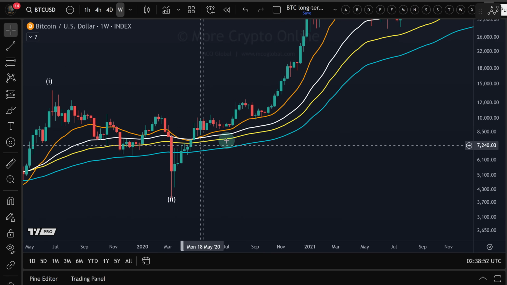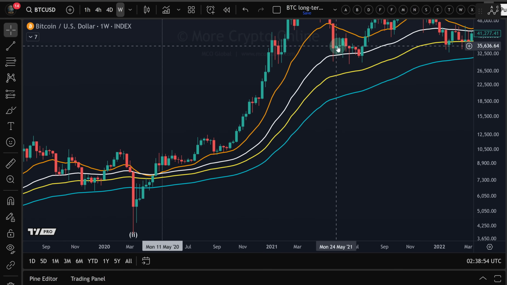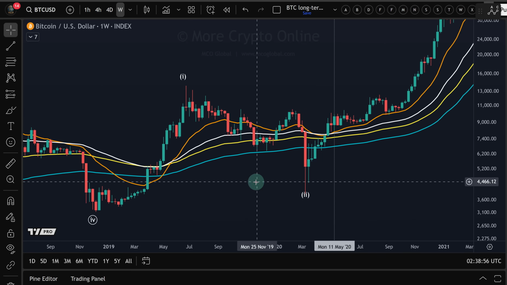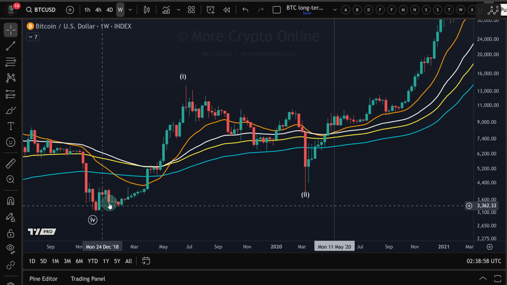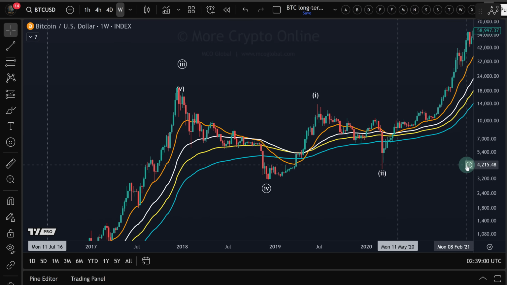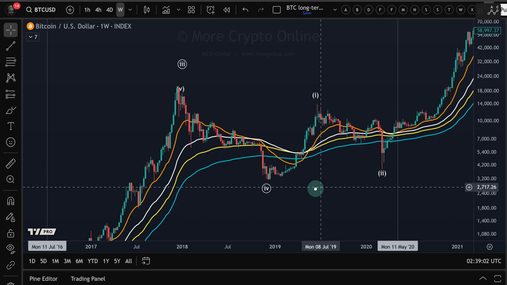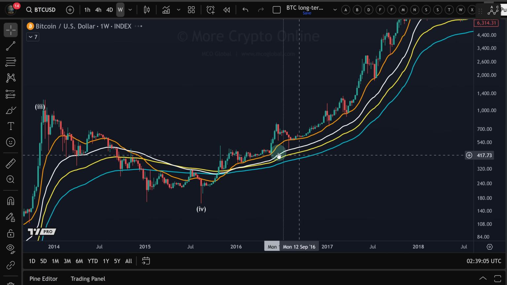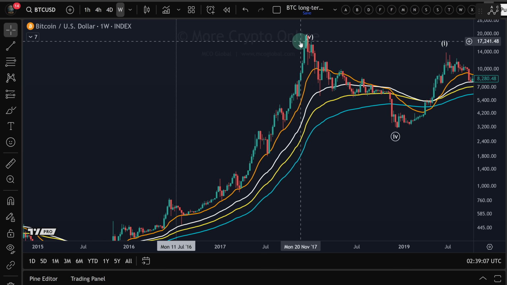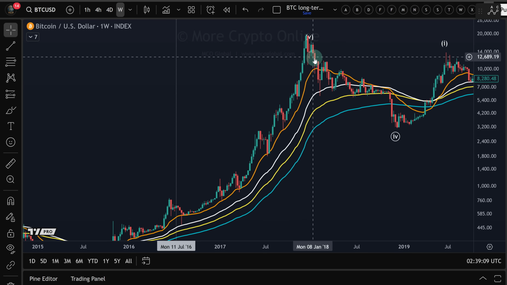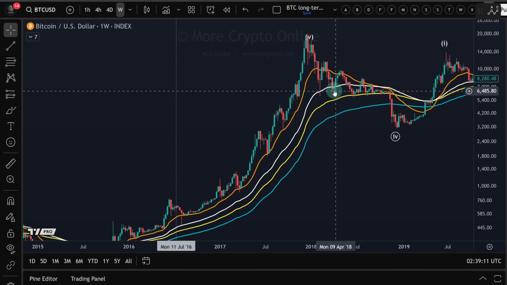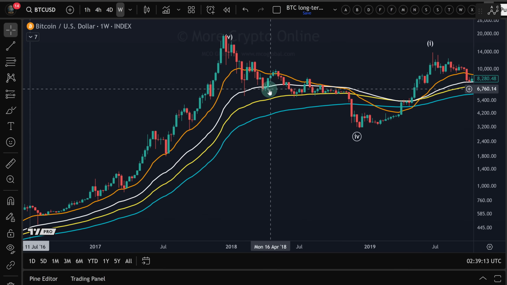And so you can see that this 55-week EMA has been very relevant in the last bull market. Then after the 2017 bull market top, we also had a weekly close here.